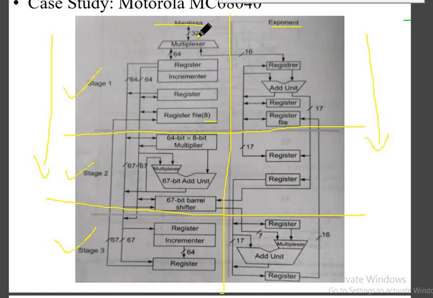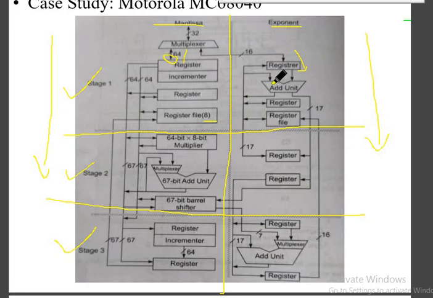If we take a number and divide it into 2 parts, one is the mantissa and one is the exponent. In that, only the mantissa is forwarded here; you can see this bidirectional arrow. The exponent part is forwarded to the exponent section. So the adder unit starts working from this exponent part.